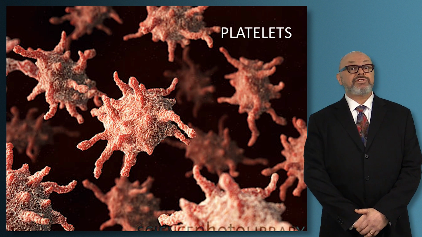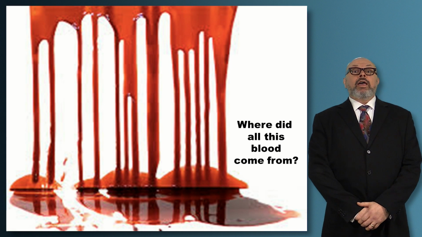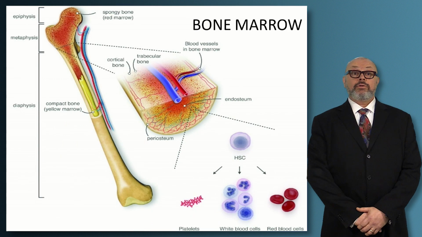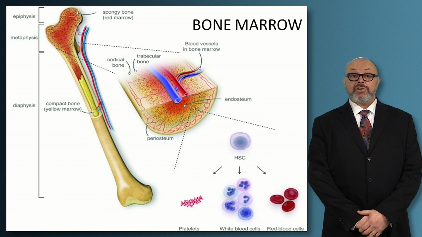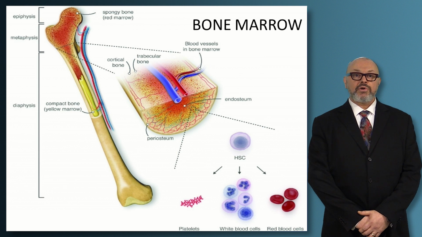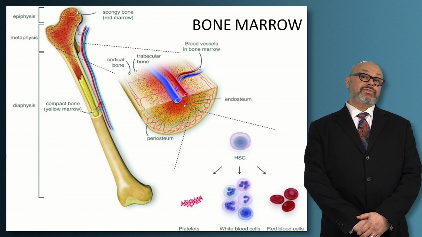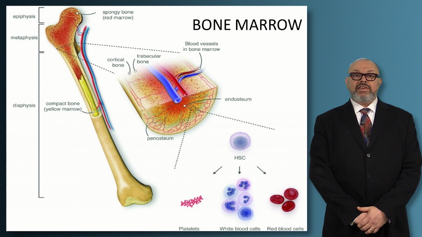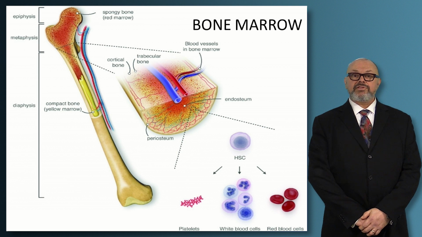Where does this happen, and how does it happen? Well, it happens in the bone marrow. The bone marrow, as you can see in this picture, is inside the bones. And it's a complex medium in which the beautiful process of hematopoiesis occurs. Hematopoiesis is the generation of mature blood cells of these three categories through the differentiation of the hematopoietic stem cell.